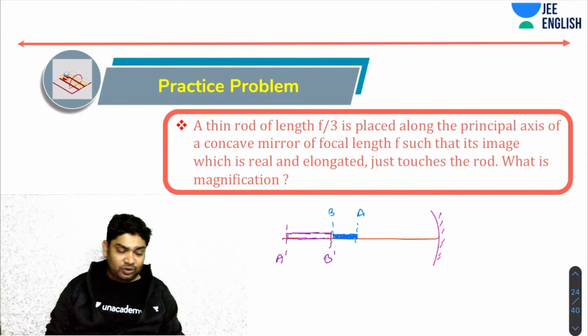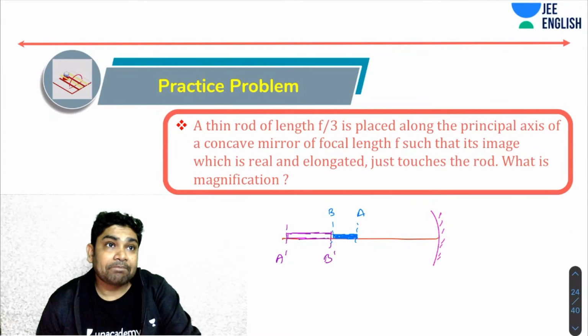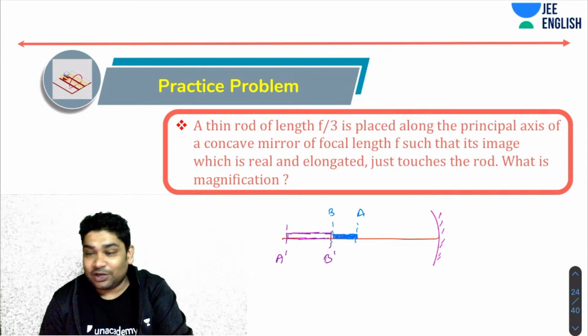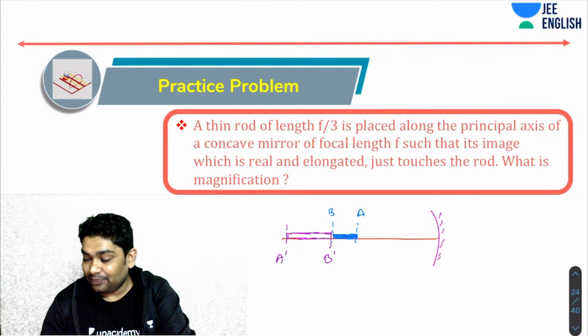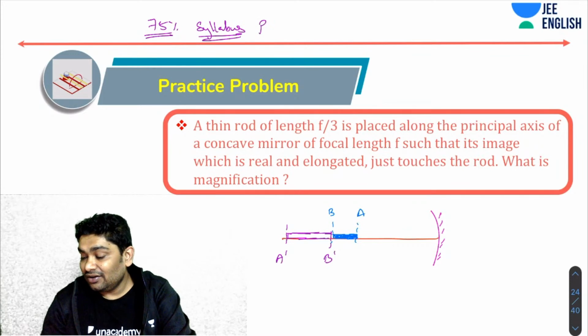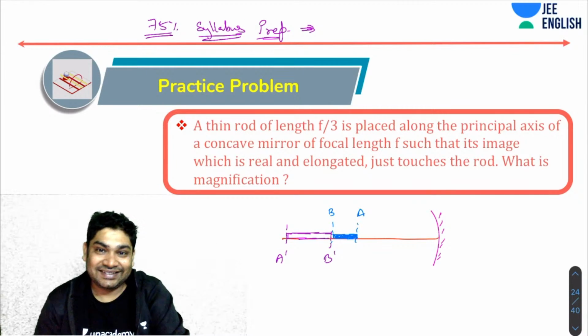So you have told me that you have problems with your 11th syllabus. Okay. So let's say you have only 75% of the syllabus prepared, right? Let's assume if you have 75% syllabus prepared, then you should try to aim at around 80% of this.